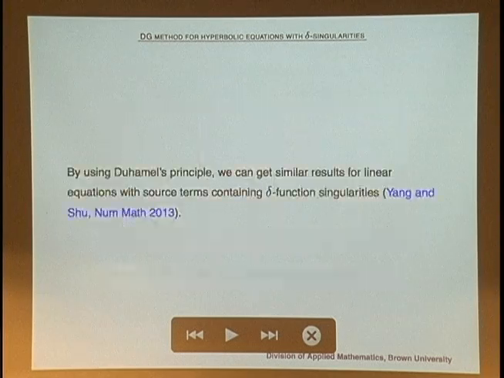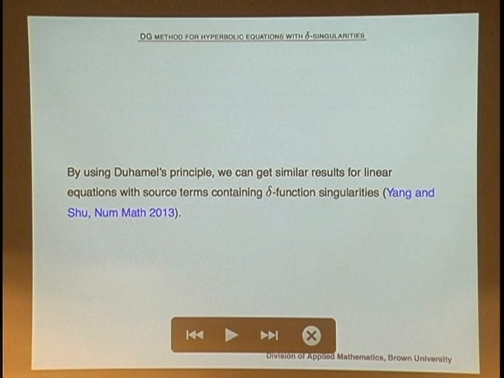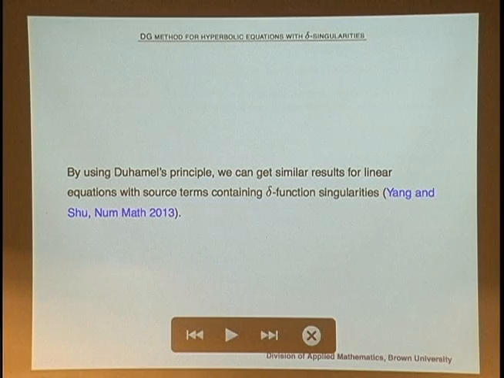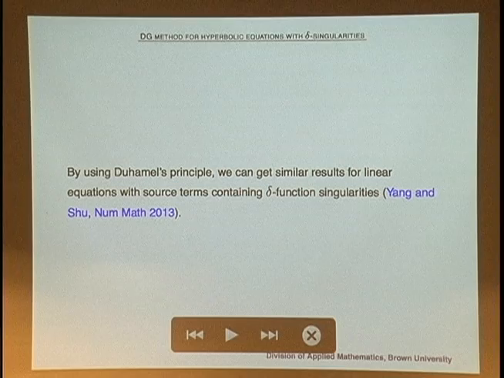You can do the same thing for source terms. Basically, the idea is to use Duhamel's principle: if you know how to deal with the initial condition, you can also deal with the source term because you can convert source terms to the initial condition.